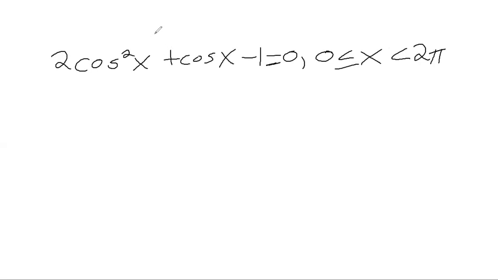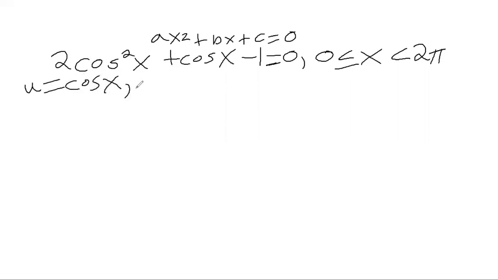In the form of ax squared plus bx plus c equals 0. So what we could do here is do a substitution. So for example, I could just say, let u equal cosine x.